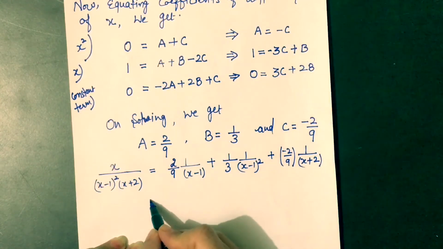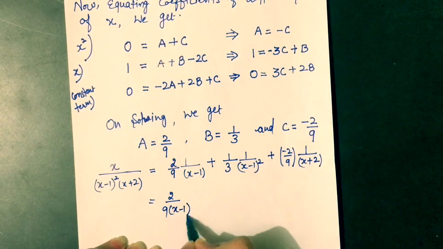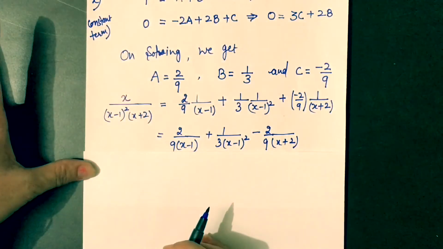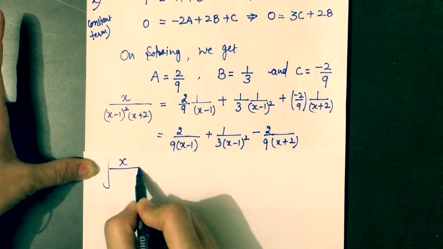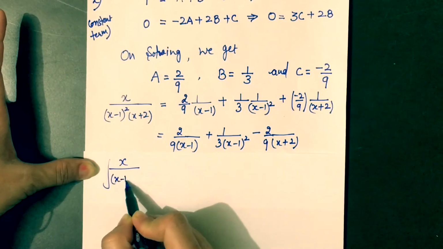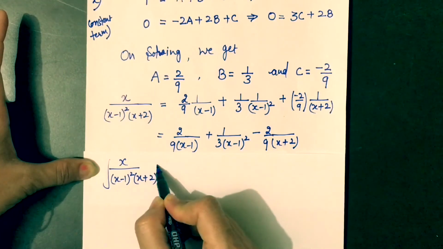We get 2 by 9 into x minus 1. We have to integrate this function, therefore we will take integral sign. Integration of x minus 1 whole square into x plus 2 into dx.